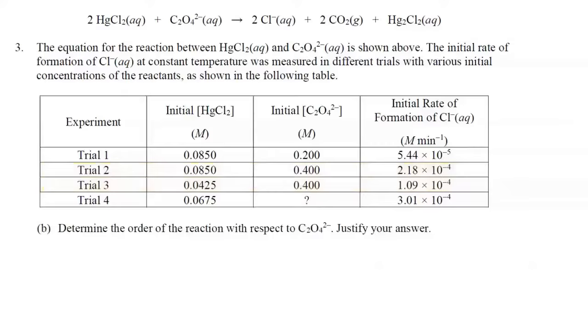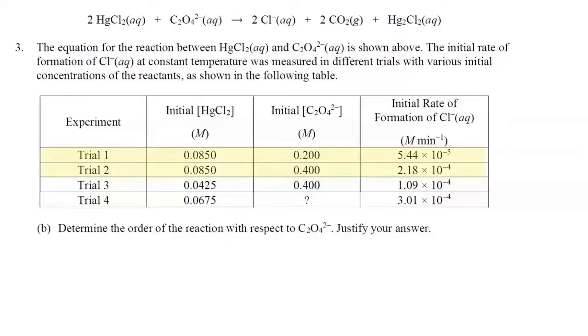Now, moving on to part B, we're going to use that same process. Determine the order of the reaction with respect to the oxalate ion, C2O42-. So I'm looking for trials in which they kept constant the initial concentration of HgCl2, but they changed the initial concentration of the oxalate ion. So I will compare trial 1 with trial 2.